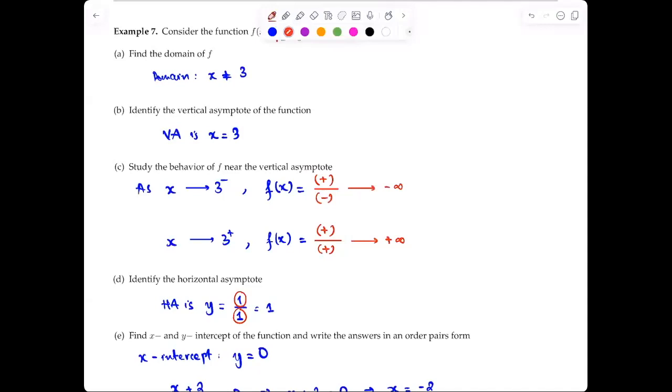All right, let me show you the graph of the function real quick before we go.